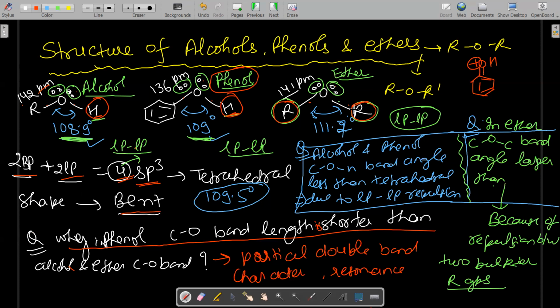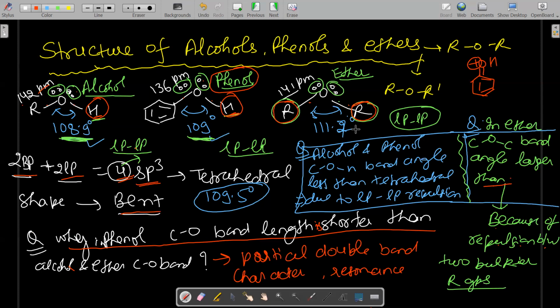So there are two alkyl groups, which are bulkier groups, and wherever there are bulkier groups, steric hindrance occurs, and due to steric hindrance, steric repulsion occurs, and wherever repulsion occurs, the bond angle increases. So in ether the COC bond angle is larger than the tetrahedral angle because of the repulsive interaction between the two bulkier R groups. So the bond angle increases instead of decreasing. The bond angle is 111.7 degrees.